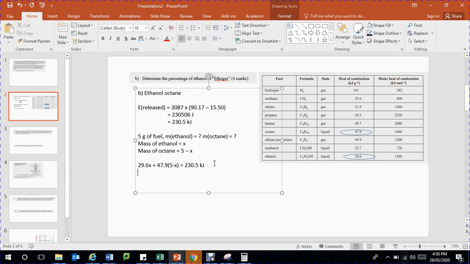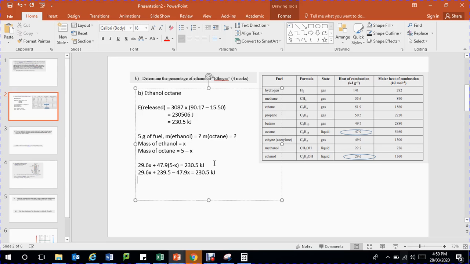So then if I just simply solve the algebra, I'm going to expand my brackets. So 47.9 times 5 will give me 239.5 minus 47.9x, and that's equal to 230.5 kilojoules.